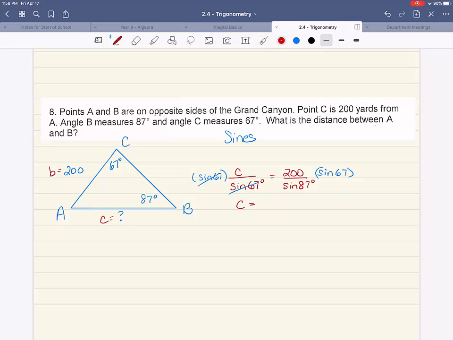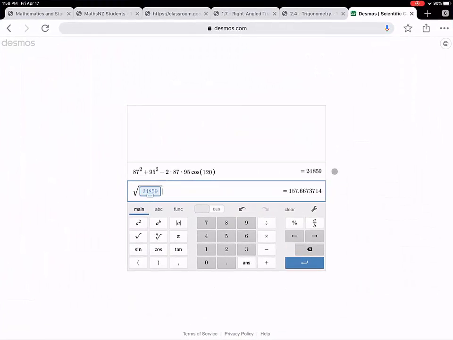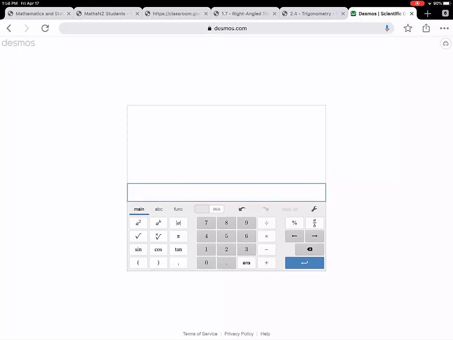So what I see on this side is what is going to go into my calculator. I'm going to do 200 times the sine of 67 divided by the sine of 87. So I need to clear everything, and I'm going to push 200 times the sine of 67, close the bracket, divided by the sine of 87, and close the bracket.